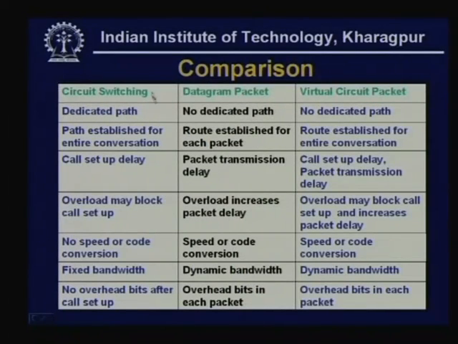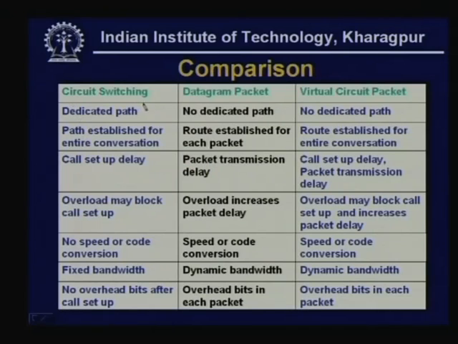In circuit switching we have seen that a dedicated path is created from source to destination, and that path remains valid and is used for sending the message. In datagram packet switching, no dedicated path is created. As you have seen, each packet is treated independently. And in virtual circuit packet switching also no dedicated path is created, because in both these cases the paths can be shared by packets of other source destination pairs.